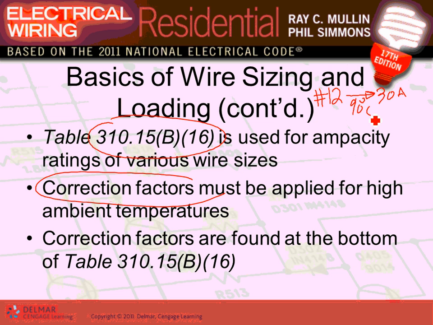We'll talk about the rating, guys. So if you go in a boiler room where the ambient temperature is 30 degrees Celsius, 86 degrees Fahrenheit, if your ambient temperature is 86 degrees Fahrenheit or less, you're good to go. Higher than 86 degrees Fahrenheit, we need to derate. What does derate mean? Cut the ampacity, because of the temperature.